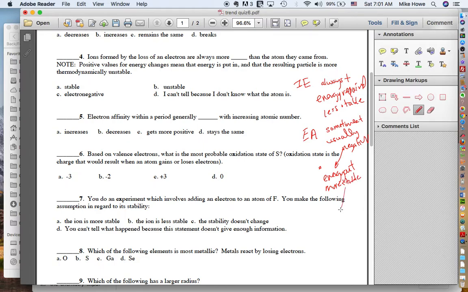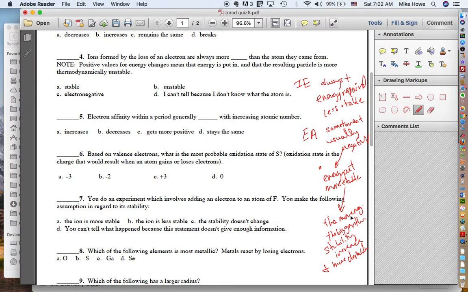So the more negative the value, the bigger the increase in stability, and the more desirable it is. So the more energy released, the more desirable it is to gain an electron.